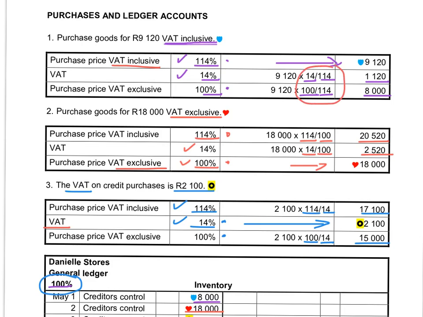You will divide by the 114 every time. When it's the VAT exclusive amount, the 100% that they give, it means that we divide by 100 every time. When they give the VAT amount, the 14%, we divide by 14 every time.